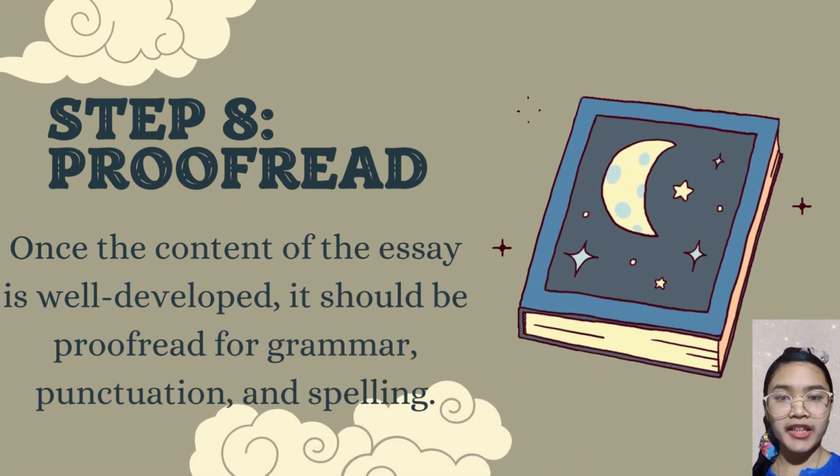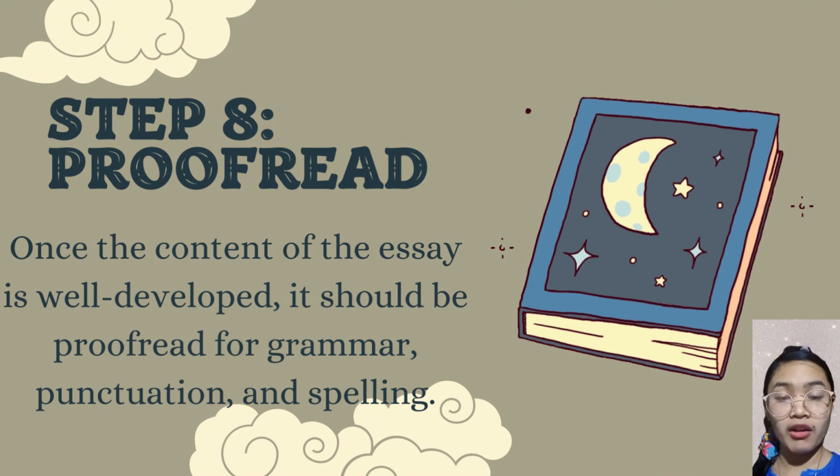The last step is to proofread. Once the content of the paper is well developed, it should be proofread for grammar, punctuation, and spelling. It is often helpful to read the paper slowly and clearly out loud. If possible, another person should listen and read along as the paper is being read.